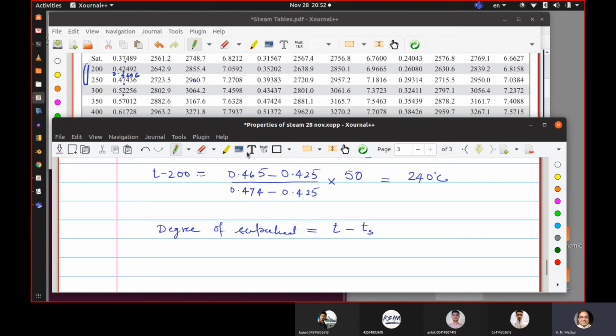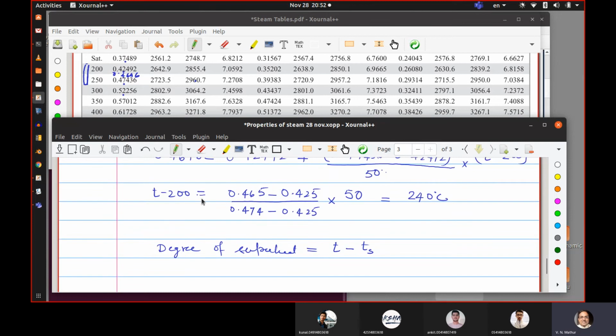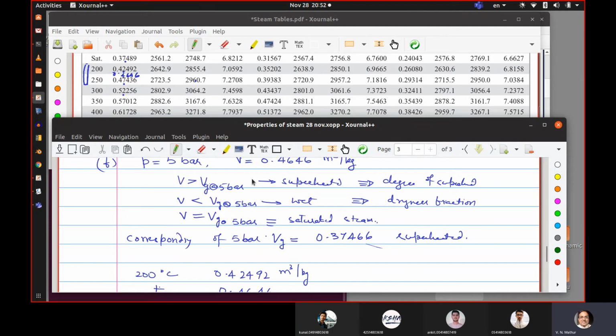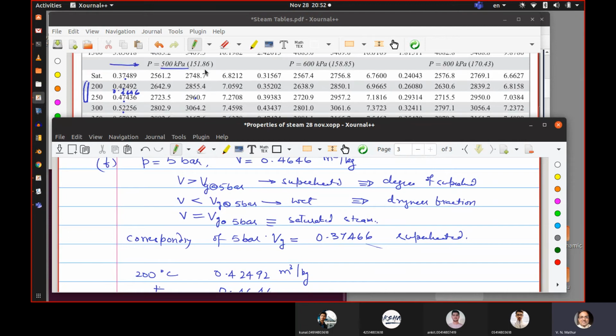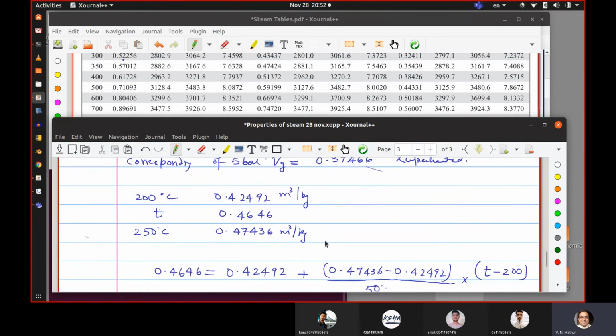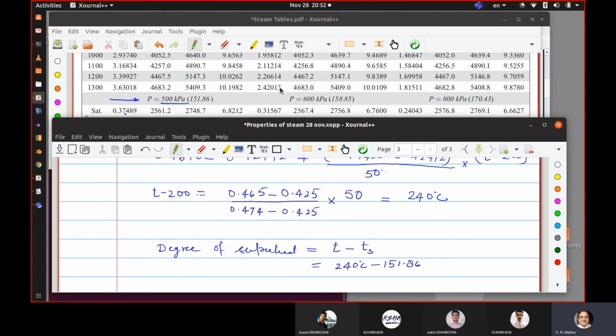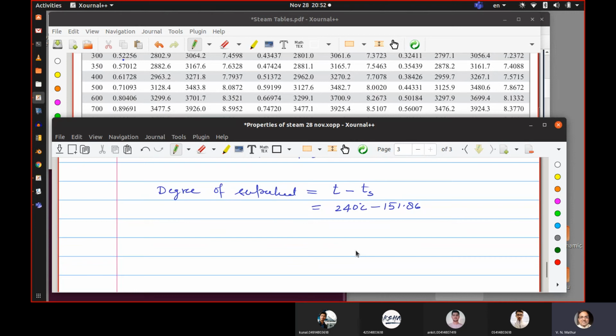The saturation temperature corresponding to the given pressure of 5 bar is 151.86. If the temperature were 151.86, the steam would have been dry saturated. So it has been heated to 240 degrees centigrade above 151.86. This difference is called the degree of superheat.